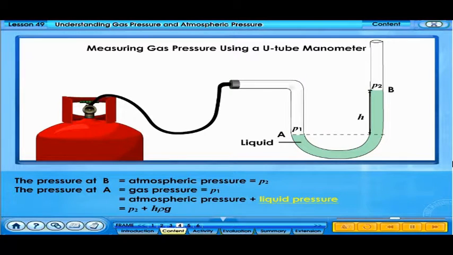The pressure difference between P1 and P2 is indicated by the difference between the liquid levels, H. The pressure at B is equal to the atmospheric pressure and is equal to P2. The pressure at A equals the gas pressure and is equal to P1, which equals P2 plus HρG.